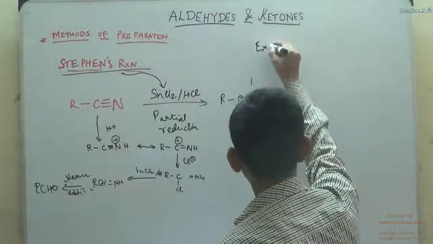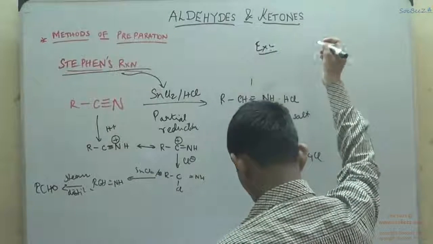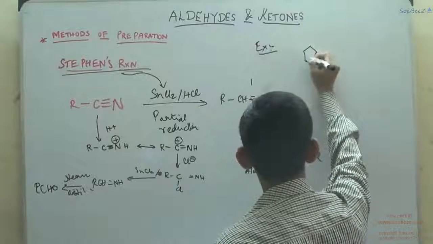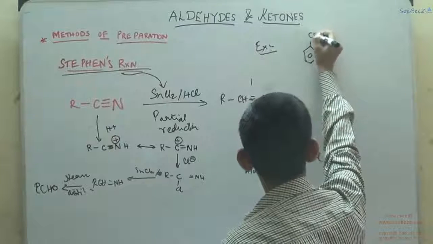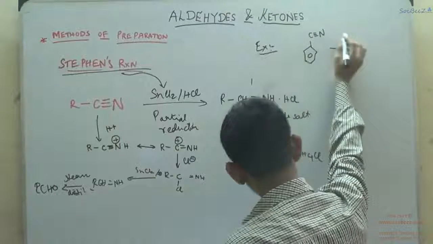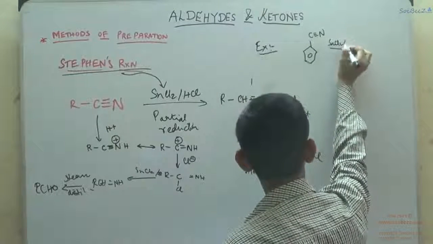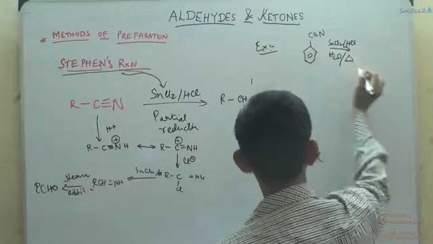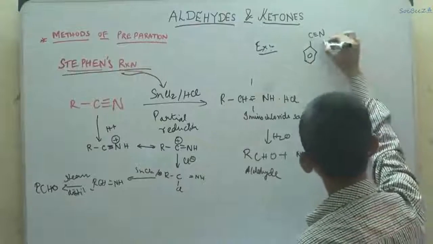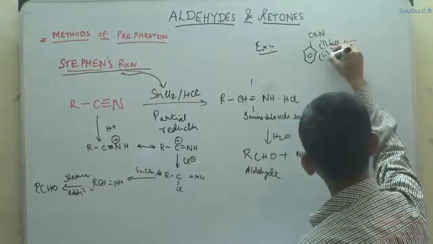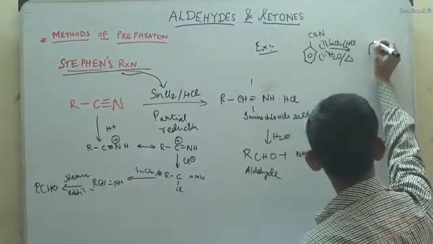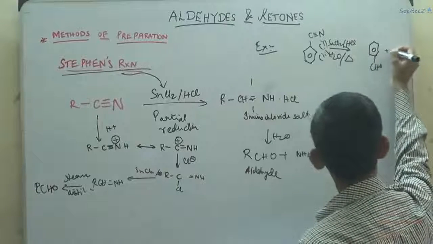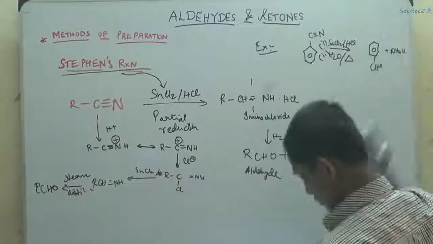Let's do a small example on this topic. If you treat this CN compound with SnCl2, HCl, water, and then heat, this is step 1, this is step 2, then you will get your benzaldehyde plus NH4Cl.